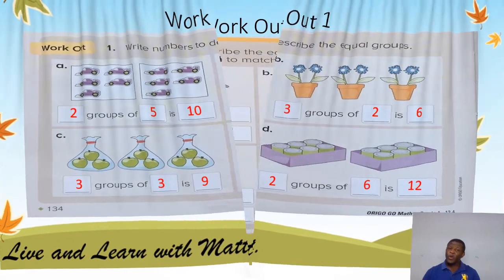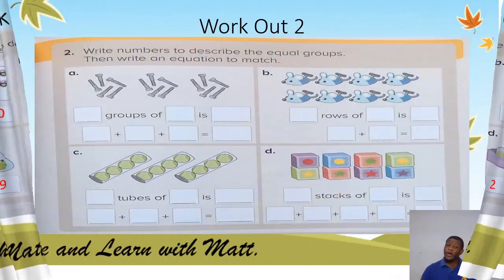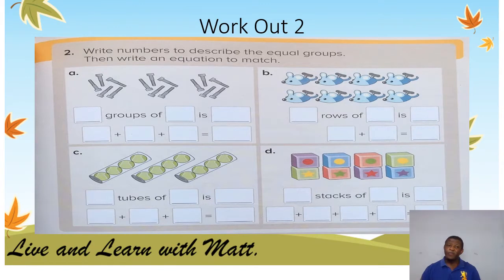So workout number 2. Write numbers to describe the equal groups, then write an equation to match. So for part A, we've got 3 groups of 5. That's correct. So 3 groups of 5 is 15.